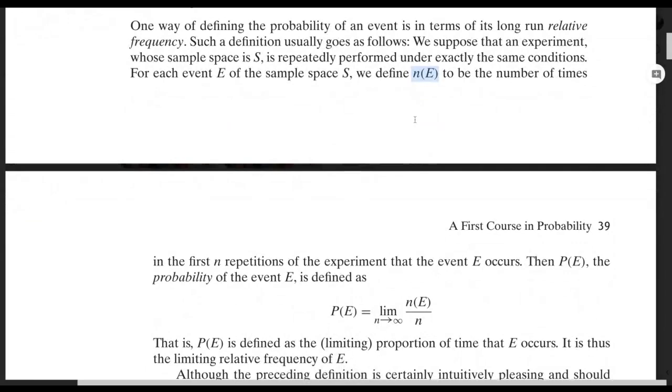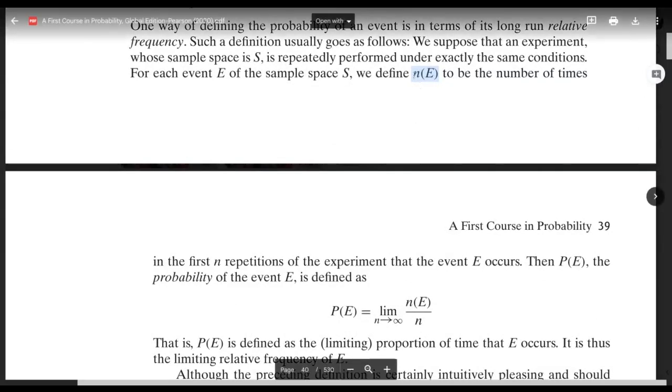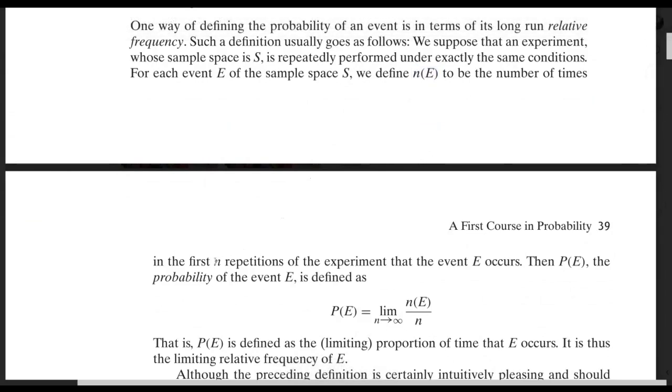So, okay, be very careful. We have to synchronize the notation. So N(E), the definition is the number of times in the first N repetitions of the experiment that event E occurs. So let's use an example. Let's say in the hospital, children are born.